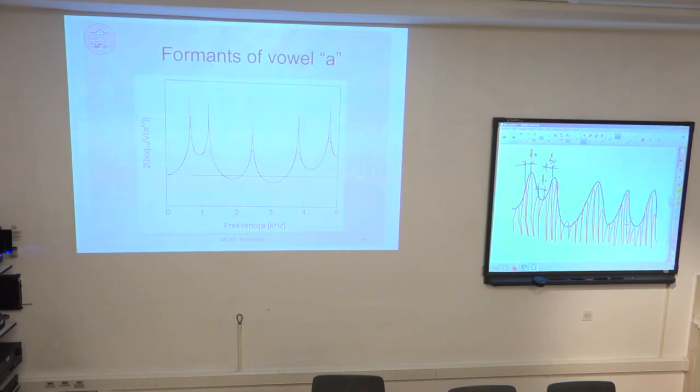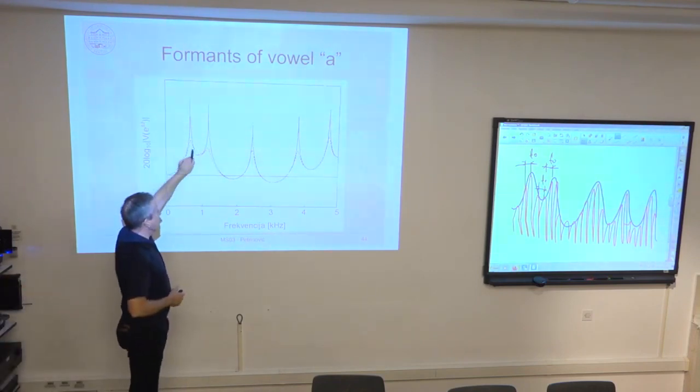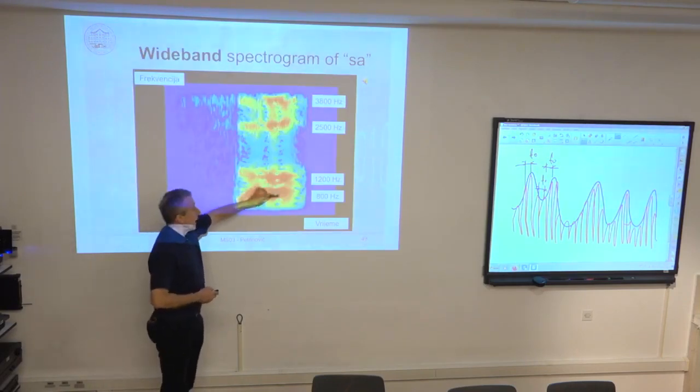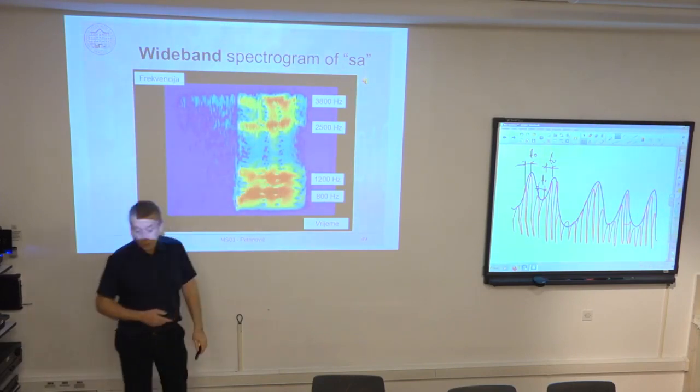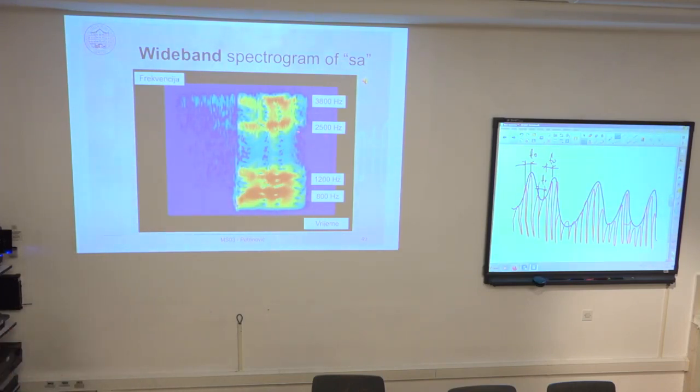So the vocal tract amplifies frequencies around 800 Hertz. That is shown here with this red color, high amplitude in this region around 800 Hertz. The same is around 1.2 kilohertz. Then the third formant is at 2.5 kilohertz and the last formant at 3.8. So now I can easily see the formant structure of speech by using the wideband spectrogram.